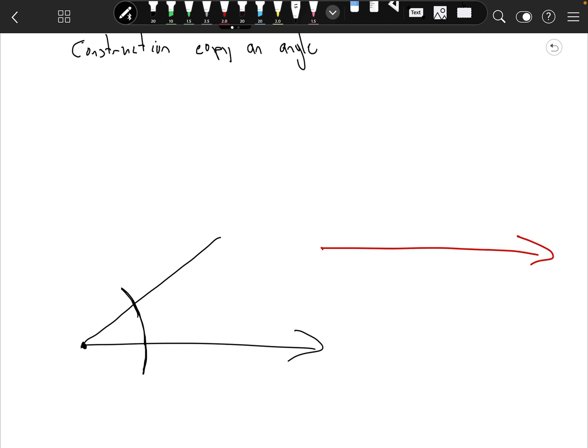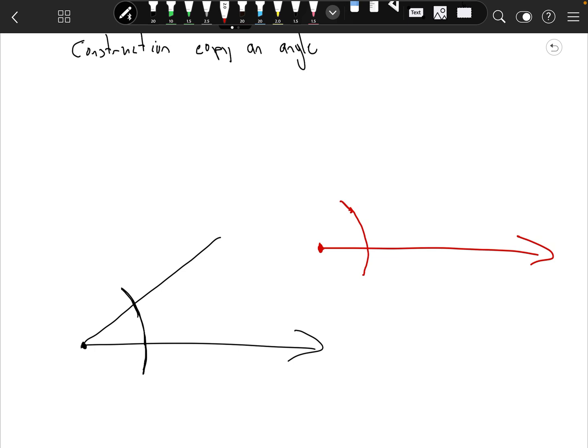Then I keep my compass setting, so basically I'm copying a radius. I'm going to go right here with my compass setting, and go like that. Hopefully. It's not quite right. Let's try it again. Okay, something like that.